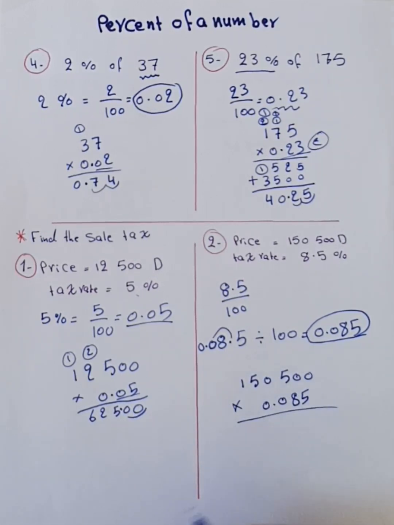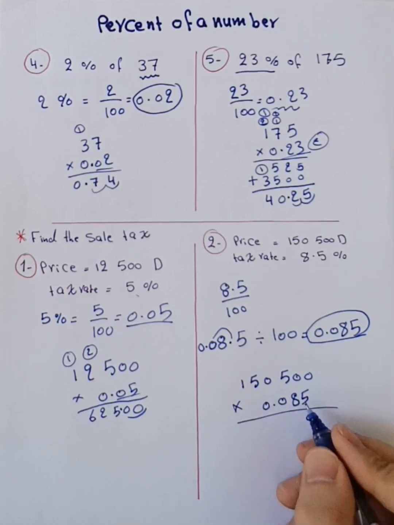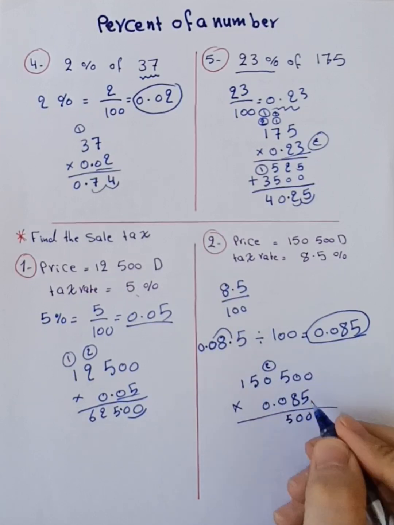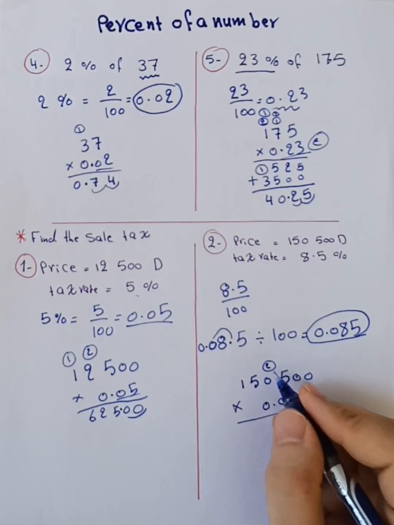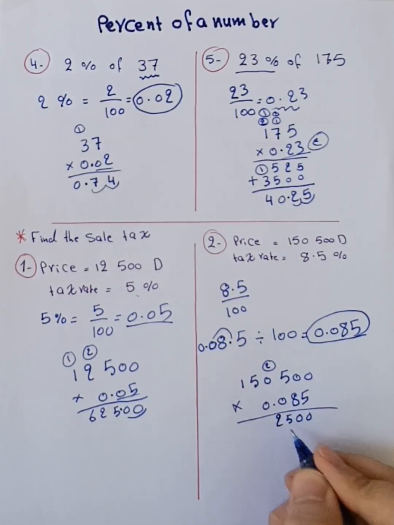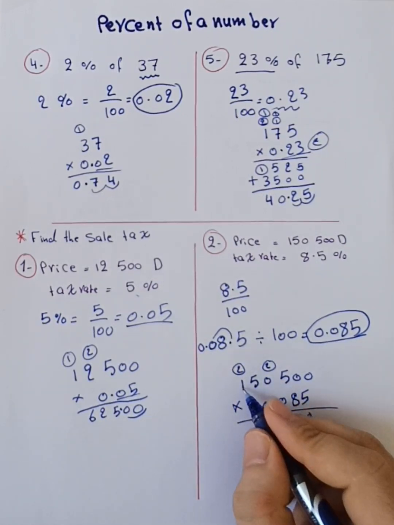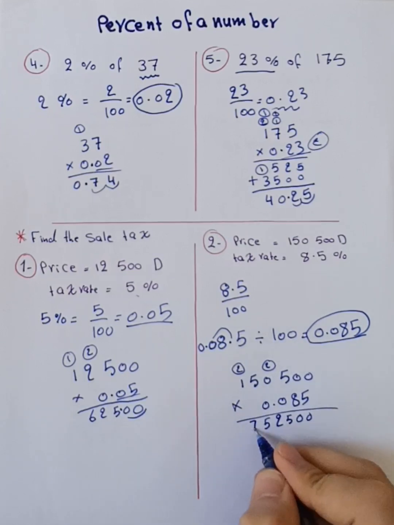0.085. 5 times 0 is 0, 5 times 0 is 0, 5 times 5 is 25. We have to regroup. 5 times 0 is 0 plus 2 is 2, and 5 times 5 is 25. You have to regroup. 5 times 1 is 5 plus 2 equals 7.